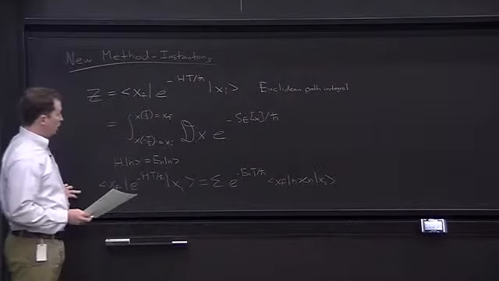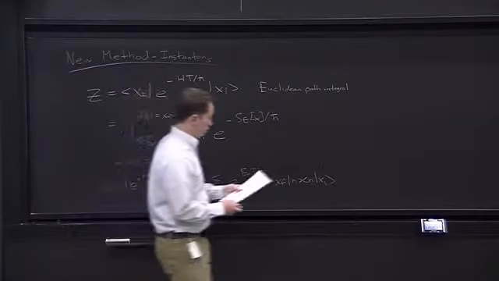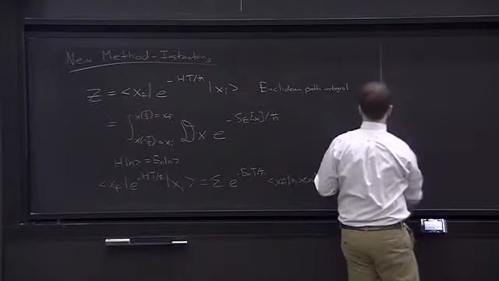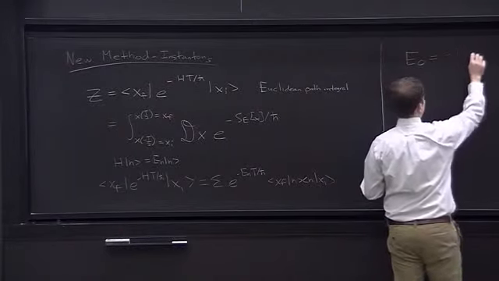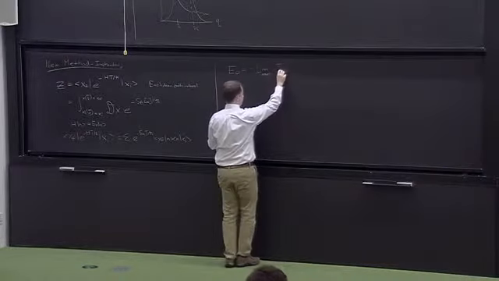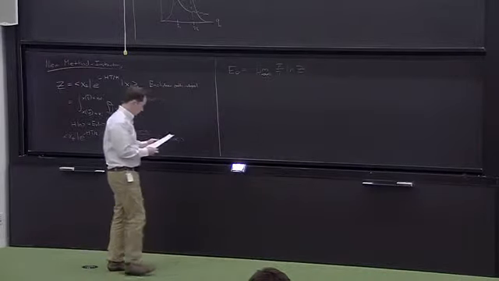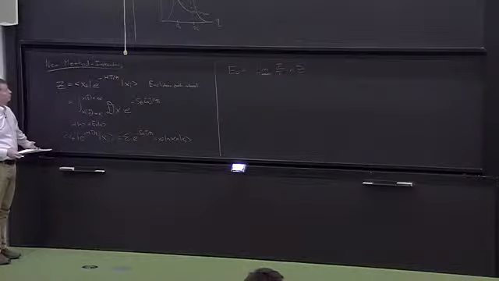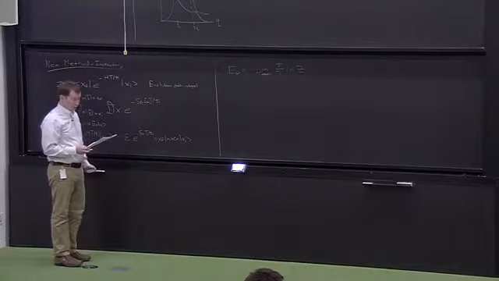So in the T goes to infinity limit, we can just read off the ground state energy from this. E naught is minus the limit T goes to infinity of h bar over T log Z. And if the potential is unstable, the ground state energy will pick up an imaginary part.